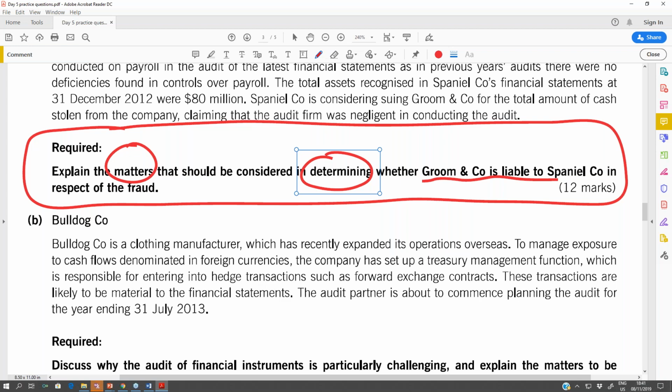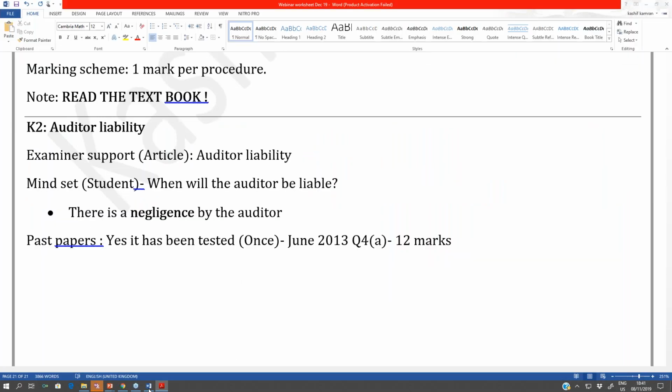Right? Let's put this question on the Word file and then do a proper analysis of what is expected out of this requirement.